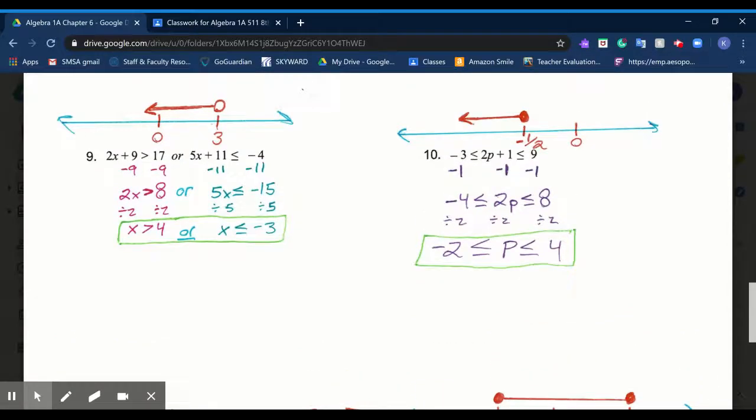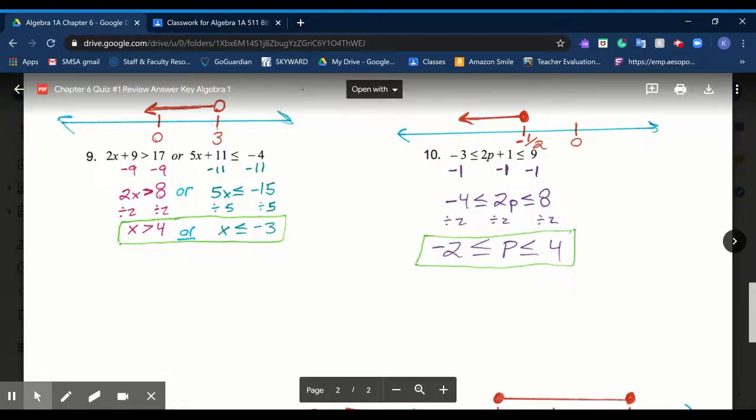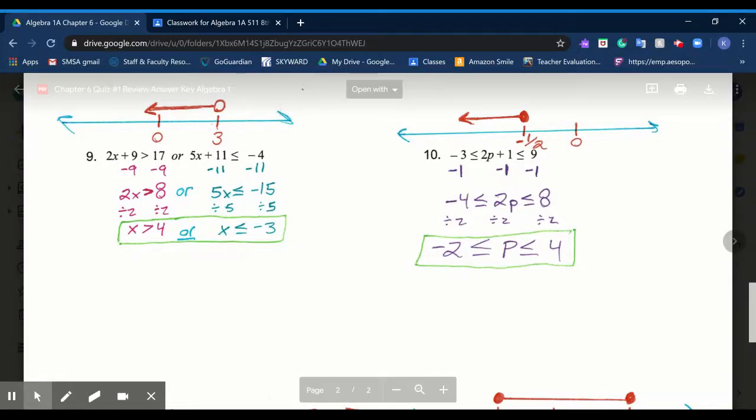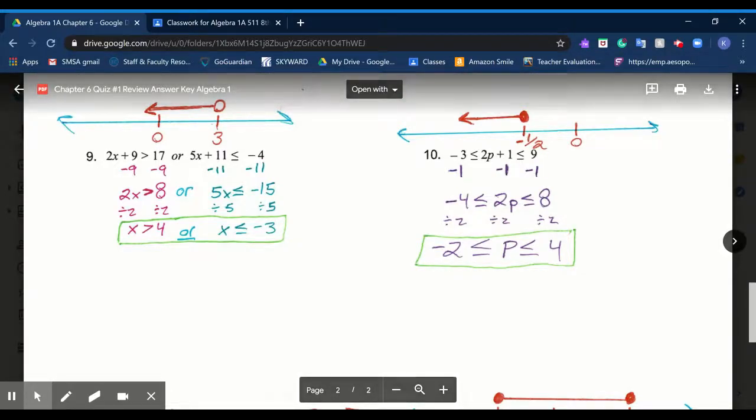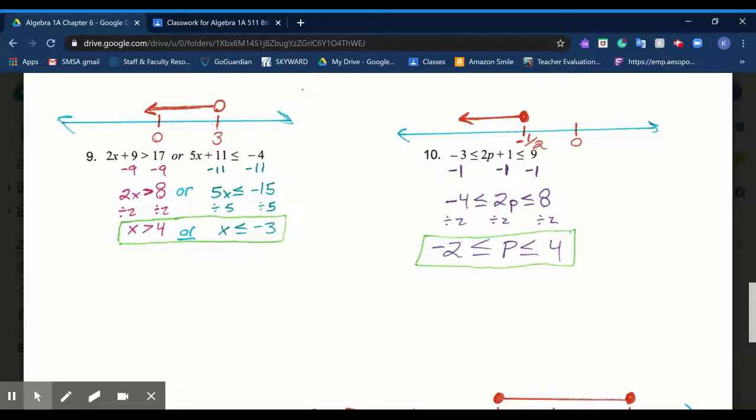In 10, because the variable's in the middle, I know eventually that my two answers will be connected. So the first thing I have to do is subtract the 1 from all three parts. So that becomes -4 is less than or equal to 2p, which is less than or equal to 8.